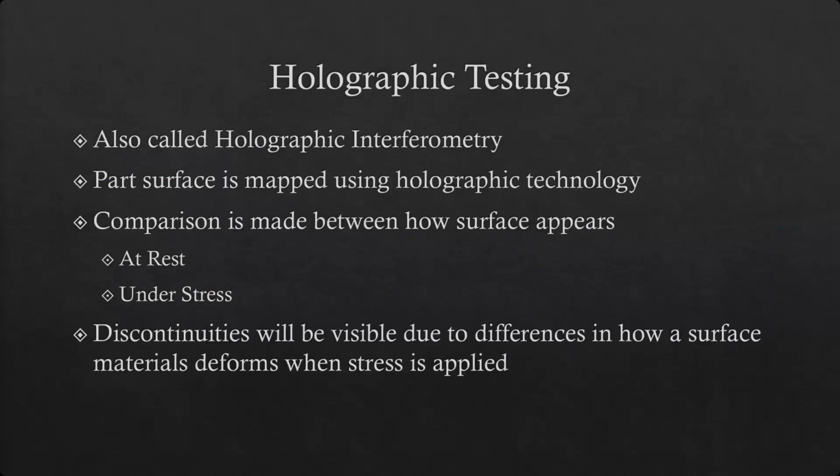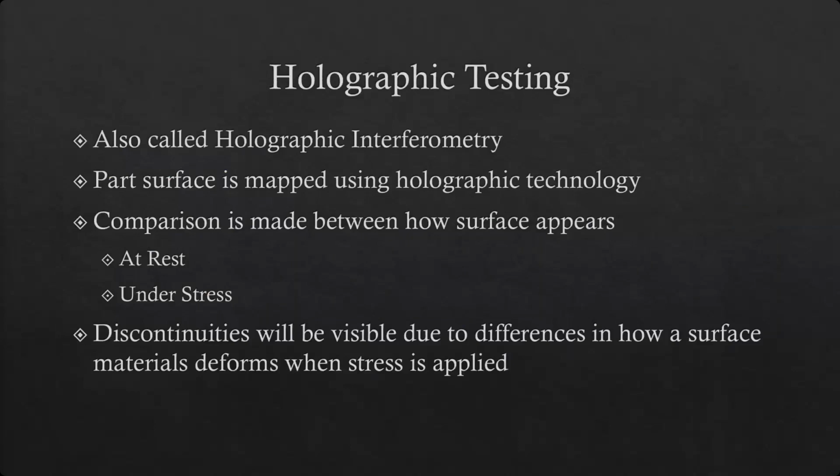So holographic testing is the first one we'll look at. This is also called holographic interferometry. So interferometry, interference of light. The part surface is mapped using a holographic technology. The comparison in this case is one where we have to compare how a surface appears at rest versus under a stress.